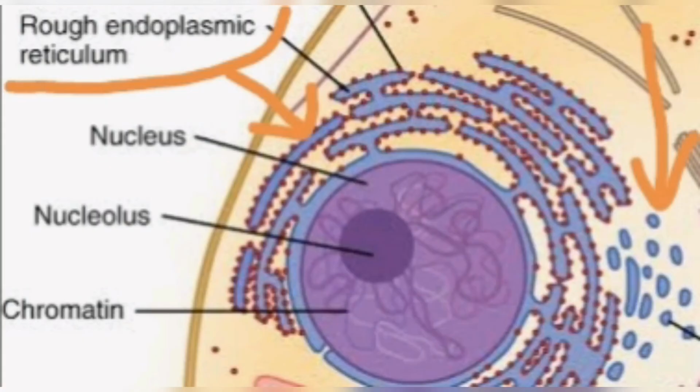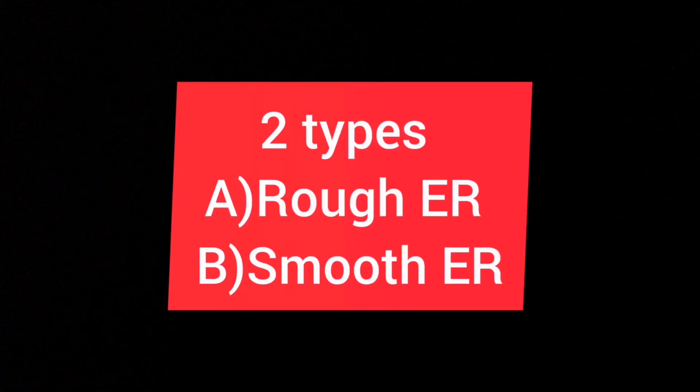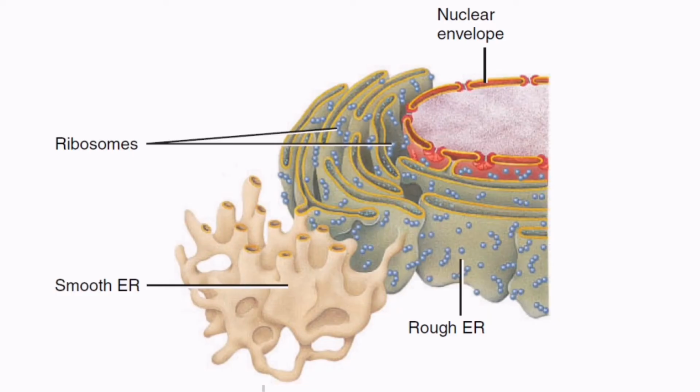Next cell organelle is the endoplasmic reticulum. Endoplasmic reticulum is a membranous network. Reticulum means network. So, endoplasmic reticulum is a membranous network. There are two types, smooth endoplasmic reticulum and rough endoplasmic reticulum. Rough endoplasmic reticulum contains ribosomes, while smooth endoplasmic reticulum does not contain ribosomes.